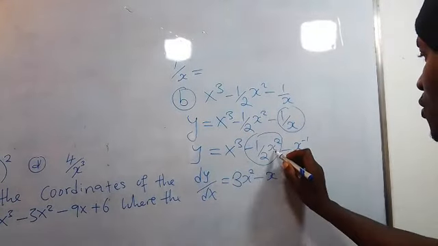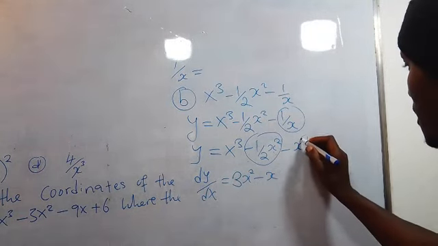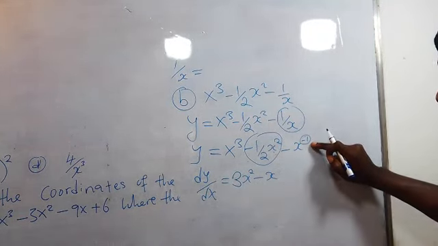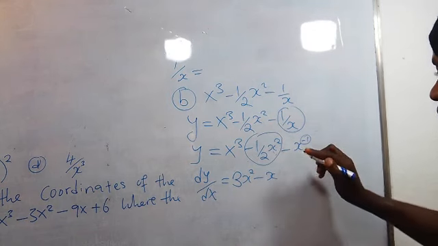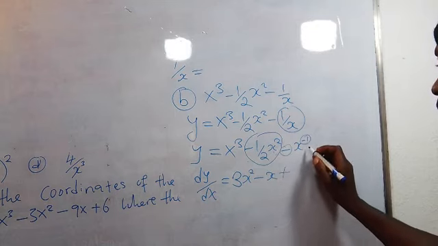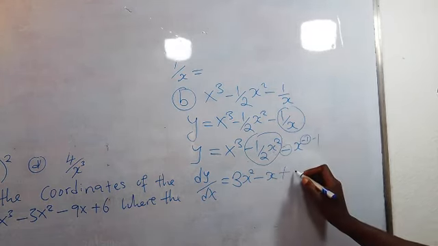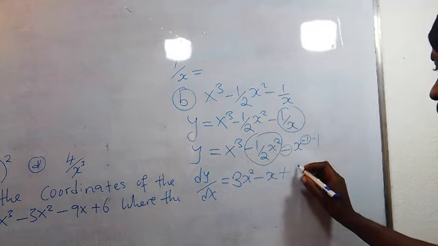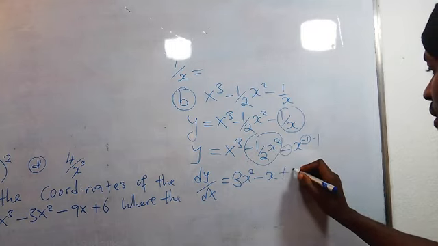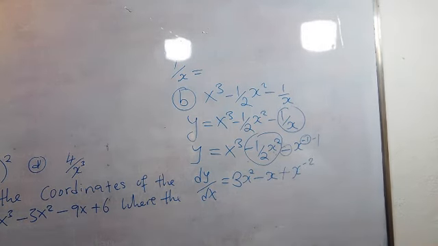So this is going to become just x, and then this one is going to be this negative power multiplied by the coefficient. Now remember there is a negative there, so this is going to be plus, and then this is going to reduce by 1, okay? So this is just going to become x to the power minus 2.